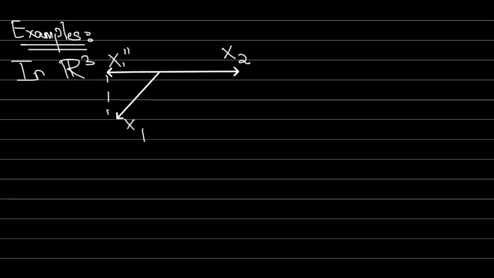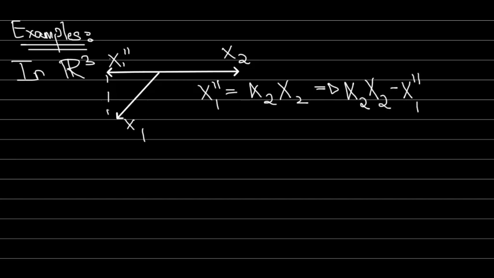Consider that x1 parallel component is equal to some alpha 2 times this vector x2, because they're along the same line. You can also write this as alpha 2 x2 minus x1 parallel component is equal to 0.